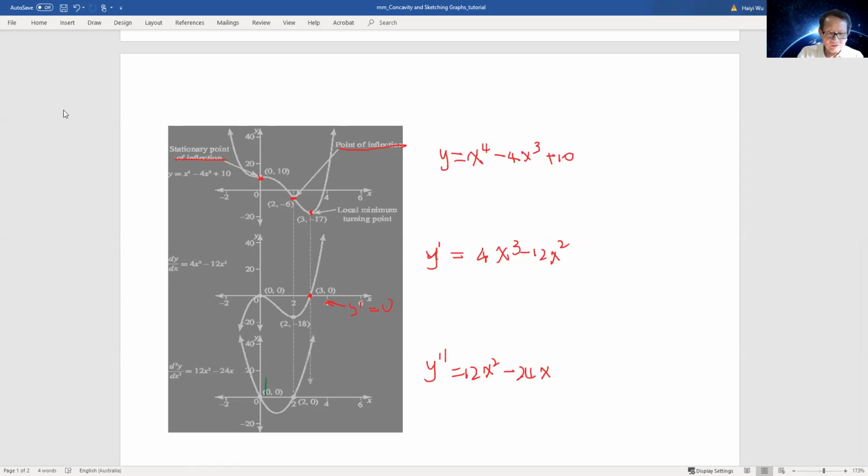So you can see this is the second derivative in here, this section here is positive. So if it's positive, that means the graph has to be concave up. Remember, when second derivative is positive, the original graph is concave up.